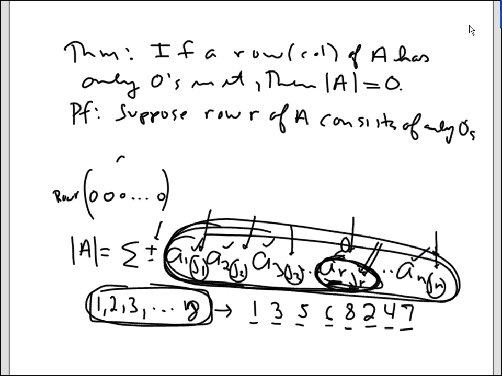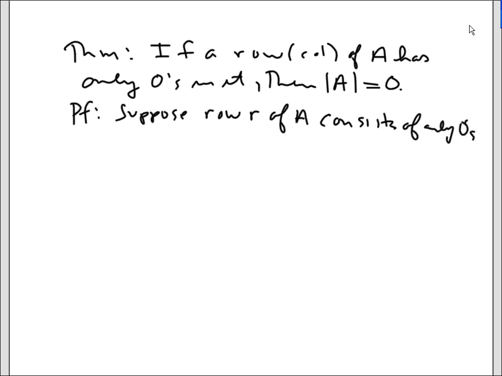Doesn't matter whether you're in column 3 or column N or column 1 or column 2, you keep getting zeros. And every term in the definition has a factor from row R, A R J R. So that whole product is going to be 0. You're going to keep adding up zeros, and when you add up zeros, you get 0.